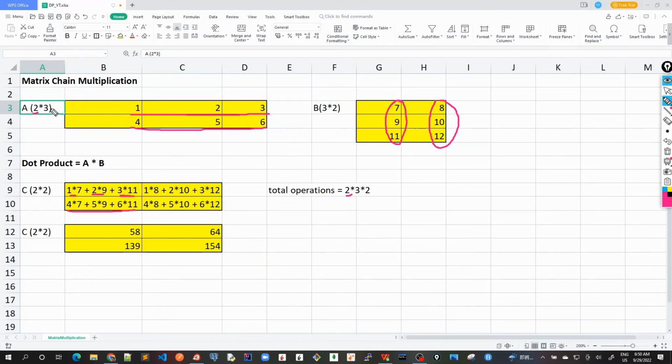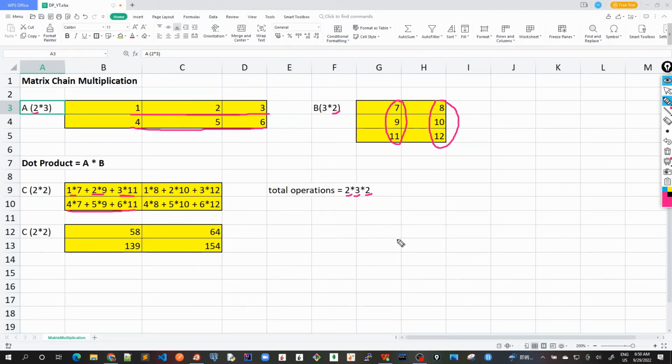And 3 is the common value, the columns of A and the number of rows for B. This 3 is from here, and this 2 came from the number of columns in B. So this is the formula for the total number of operations that we have performed to get the dot product of 2 matrices.